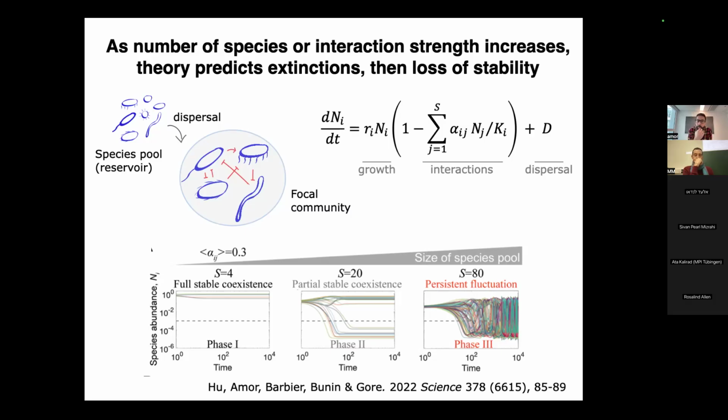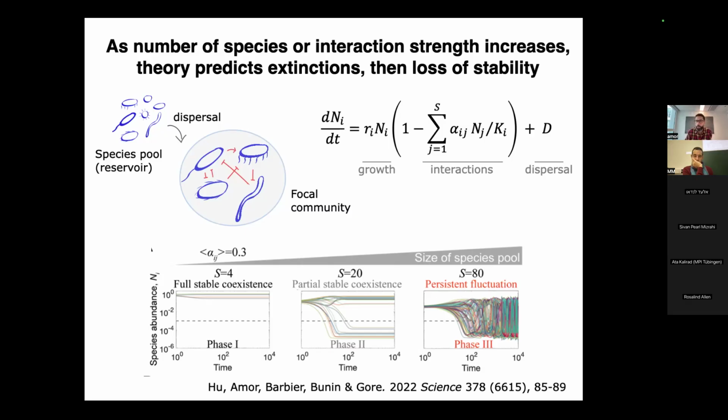So if we don't have many species, this is the panel on the left, all of these species tend to coexist in the ecosystem in the long term. And now we play the game of increasing the number of species. What we see in the second panel is the case where we have 20 species, and in this case, many of the species will still stably coexist after some time, but some others go to extinction.